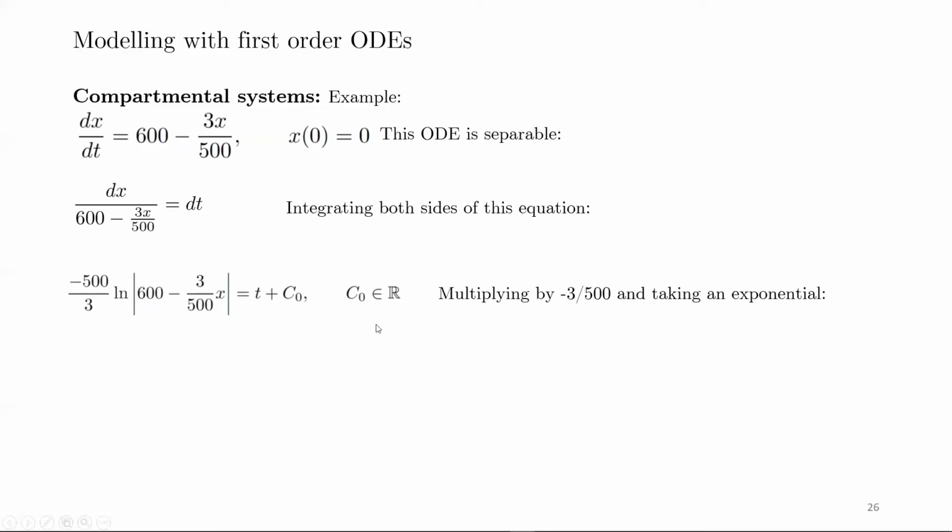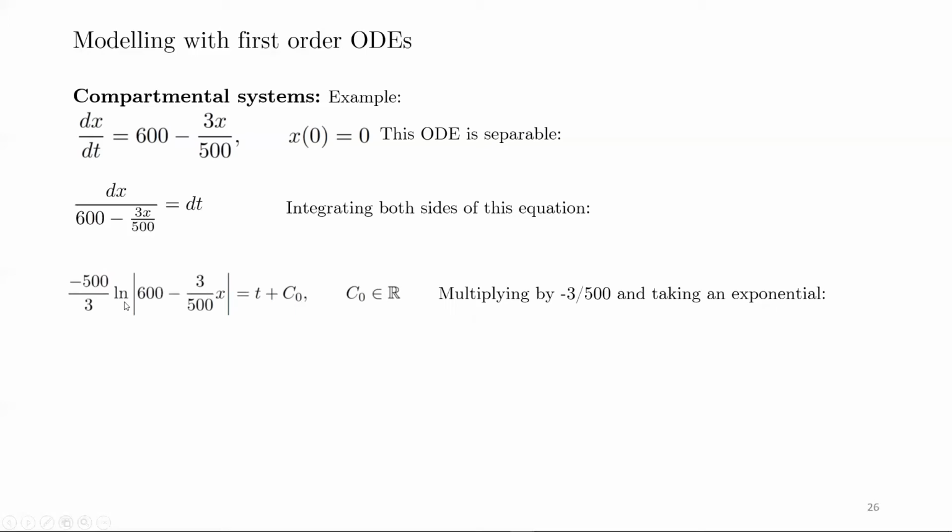Okay, but we really want to simplify this equation, because what we really would like is an expression for x. If we can, we'd like that to be explicit. So what we're going to do is multiply this solution by negative 3 over 500 to eliminate this leading term here. And then to get rid of the logarithm, we're going to take an exponential.